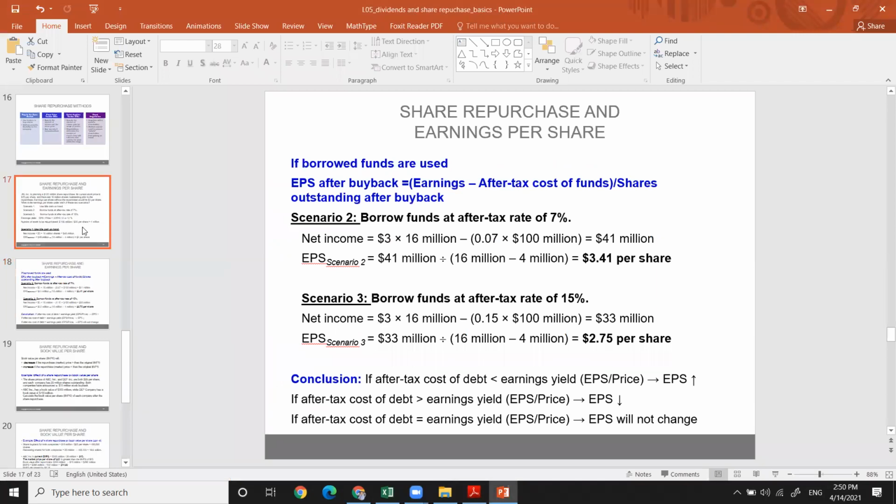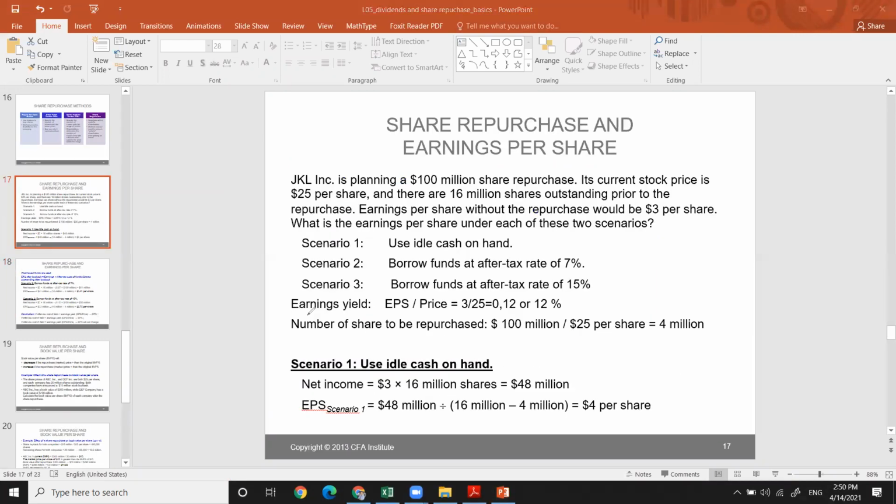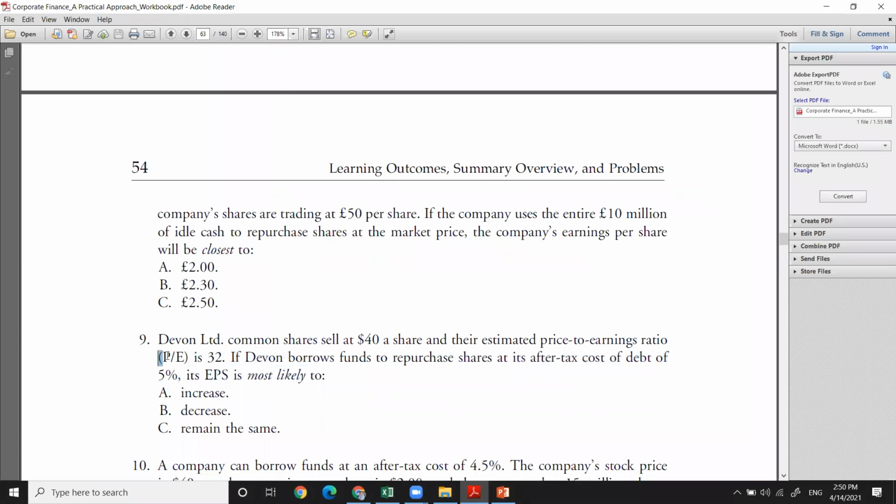I mean this one, earnings yield, which is earnings over the price, okay? But in the exam, it's given like 25/3 in the question. So here the price earnings ratio is 32. Then in order to find the earnings yield, we need to just restructure the formula, changing from numerator to denominator, which will be at the end of the day 1/32, the earnings yield.